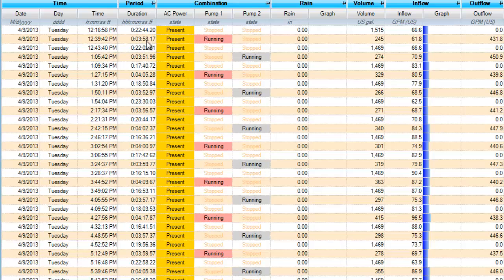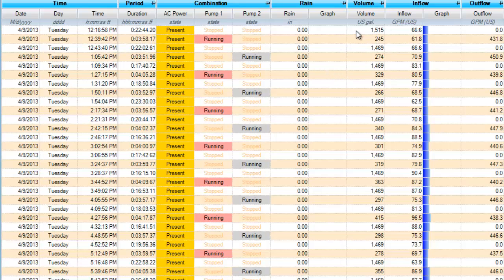Okay, so this pump 1 turned on for 3 minutes, 38 seconds, and 17/100ths of a second. And it turned off at this time, and it was off for 22 minutes, 2 seconds, and 61/100ths of a second before pump 2 came back on again.